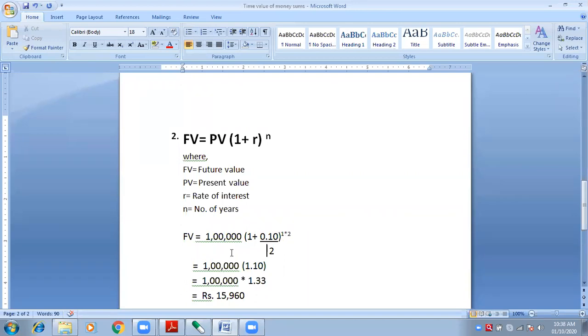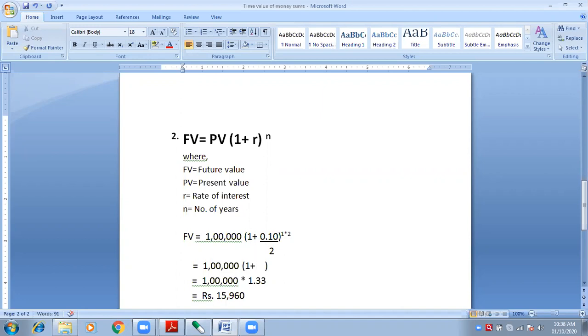So this is the way you have to use the formula, use the values. Now, 1 lakh rupees will be the same. Now, in the bracket, what you have to write, I'll tell you. Listen very carefully. First, you have to write 1 plus. 1 plus is written the same. Why?